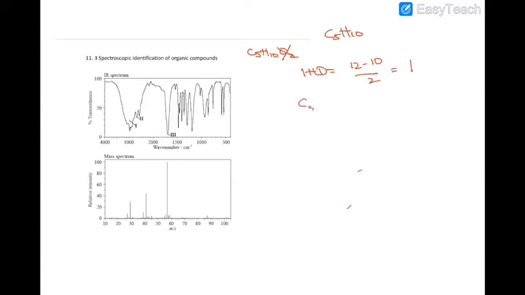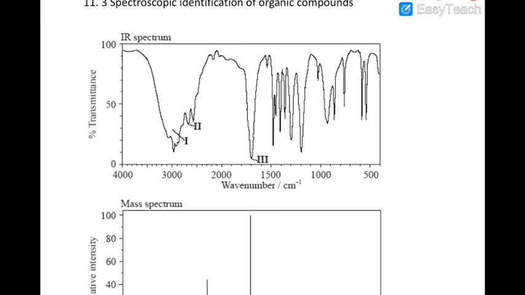If we look at the formula C5H10O2, there's O2, so most probably it's a COOH. That's the double bond here. When you look at the IR, you see that deep and broad band. This is because of the OH in COOH.